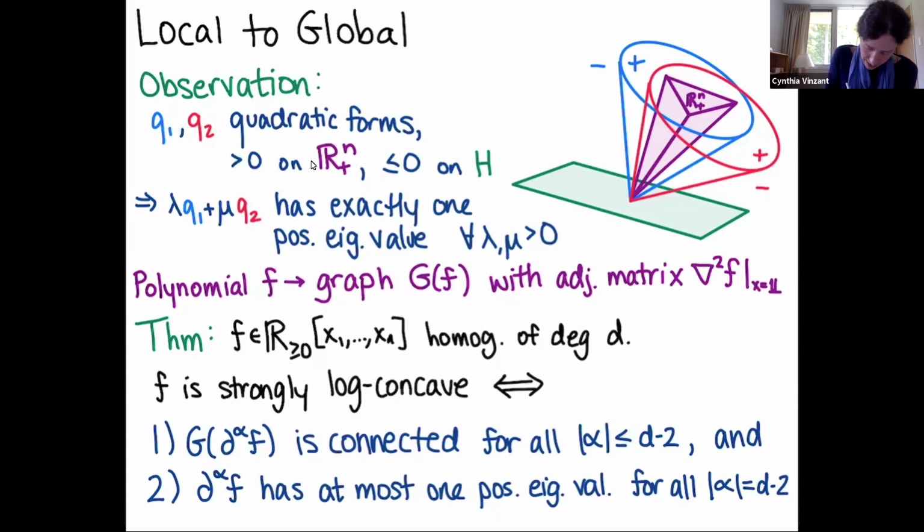and that if I take enough derivatives to get down to a quadratic polynomial, then the resulting quadratic form has only one positive eigenvalue.